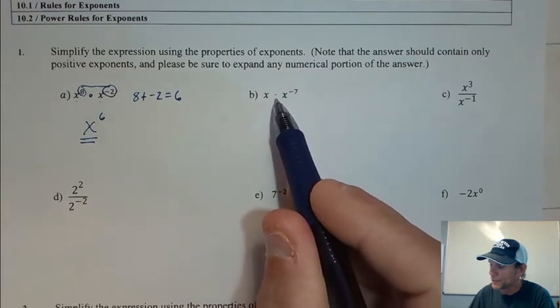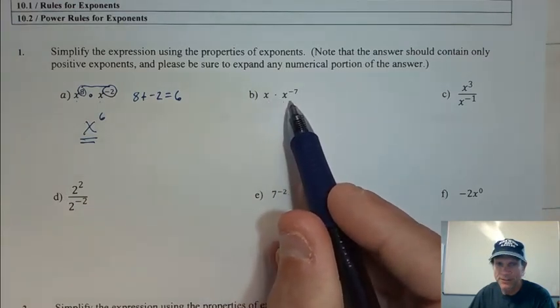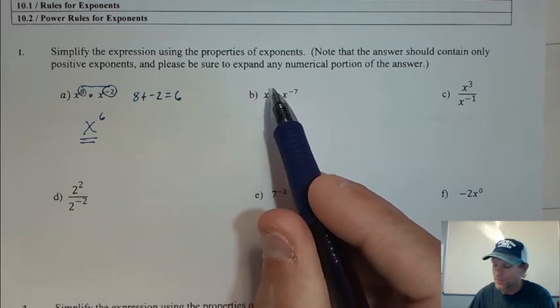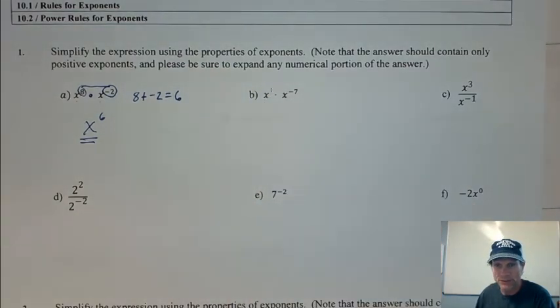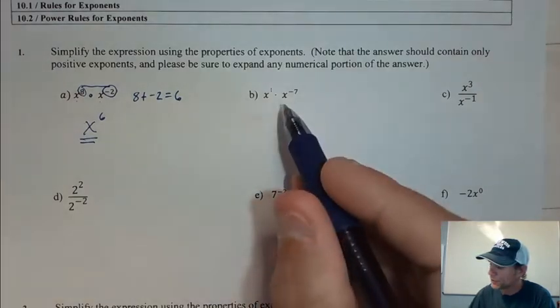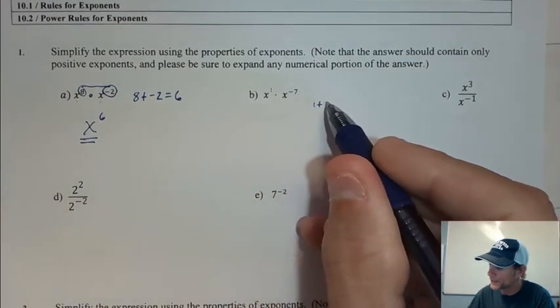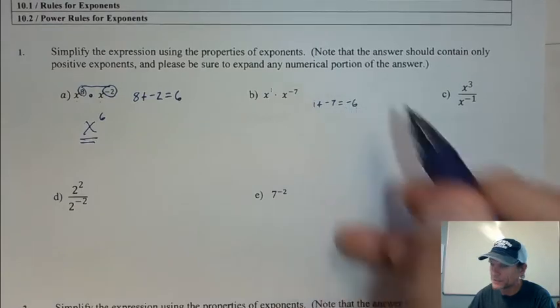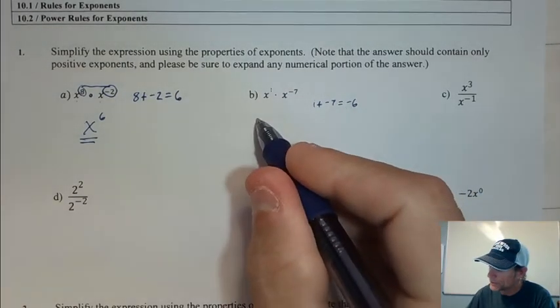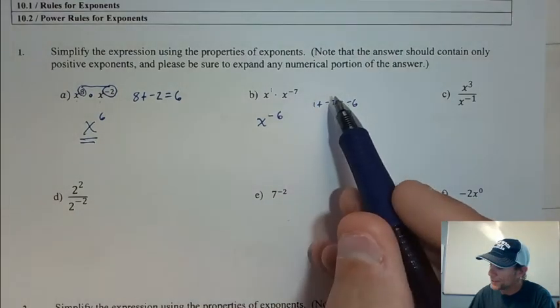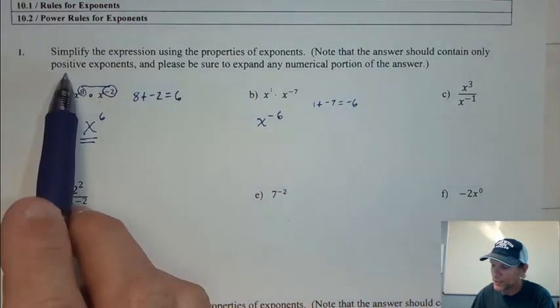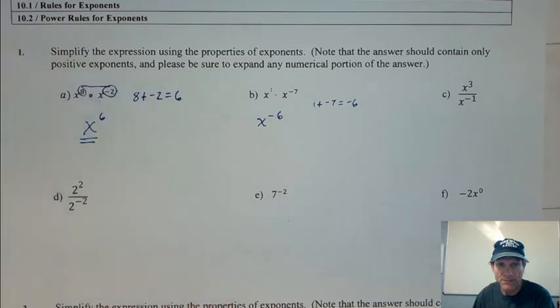Next up, we see the product rule again, and this just has a slight twist to it: we remember that when we have x or a constant, it's to the first power. So I'm going to add 1 plus negative 7, and I get negative 6. This is an okay answer, but the instructions said to write your answer with only positive exponents.